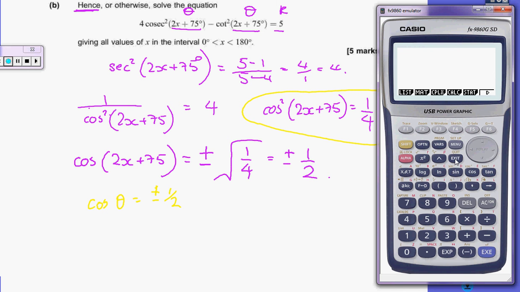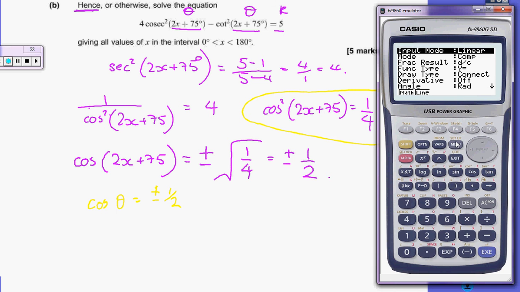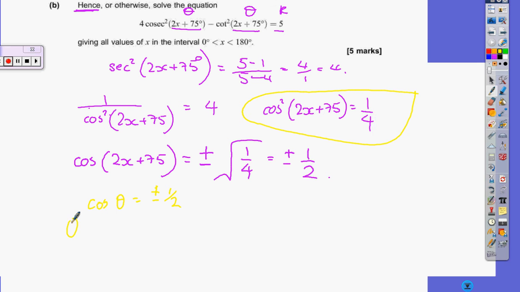Instead, I'm going to have to do inverse cos of 0.5 and make sure I'm in degrees. Do that again. Good, it's 60. So theta equals cos minus 1 of a half equals 60.